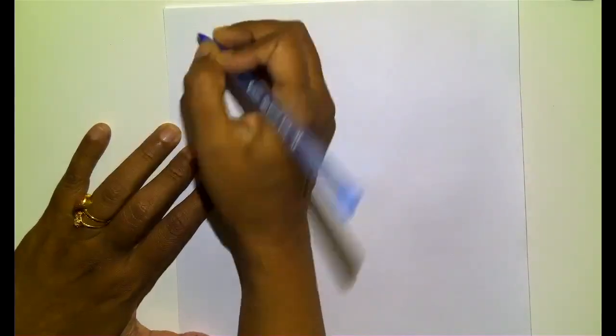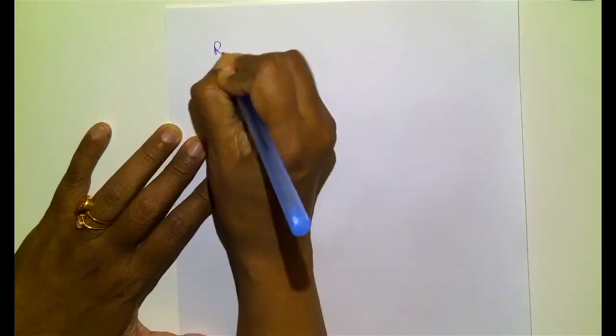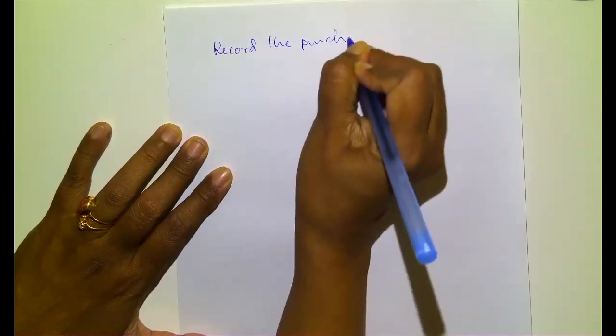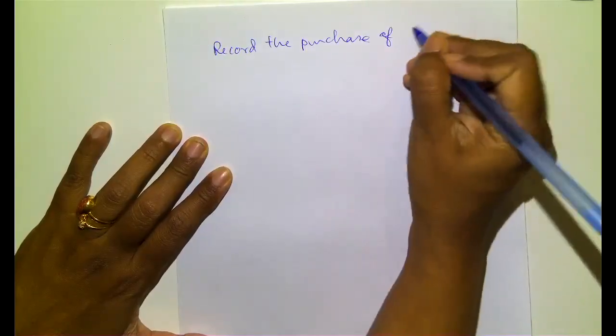Let me write some notes. When you purchase, let's do basic journal entries. I sometimes go back to SC 221, never mind. It's good to have your foundation, refresh your memory and connect it to what we are learning. Let's do the basic journal entry: record the purchase of inventory.